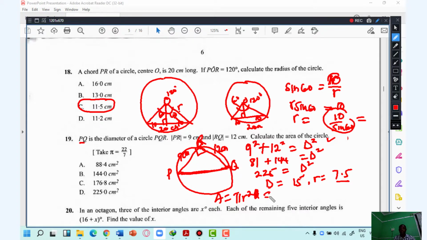So pi r squared means 22 over 7 times 7.5 squared, which is 7 times 7. That will give us 176.8 square centimeters. So if you do this, that's what you are going to get. Good.